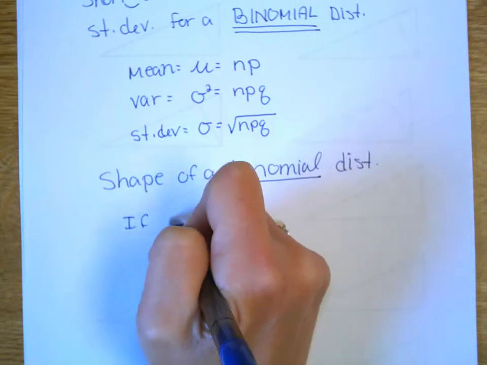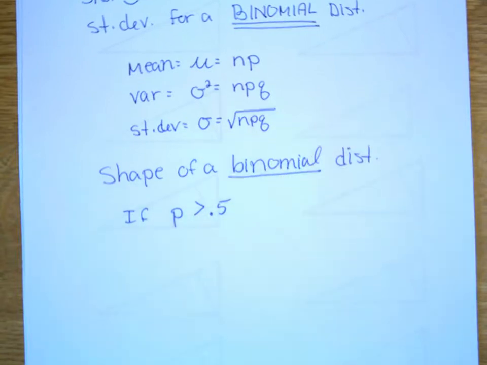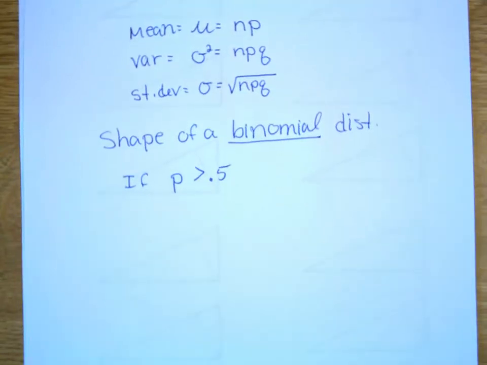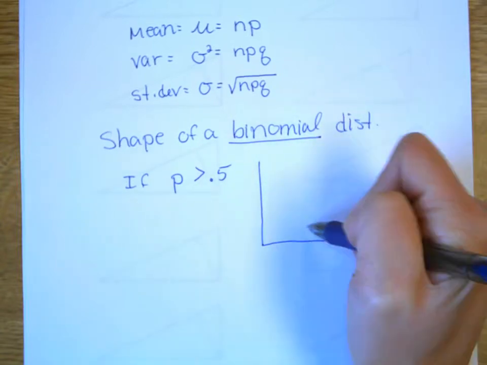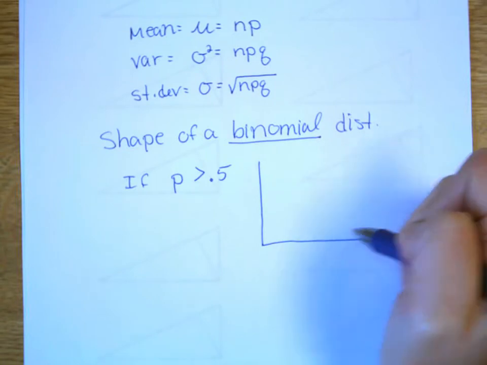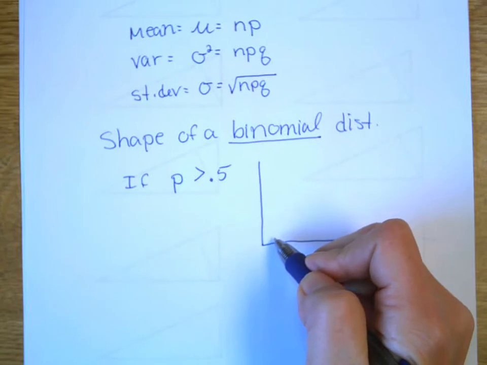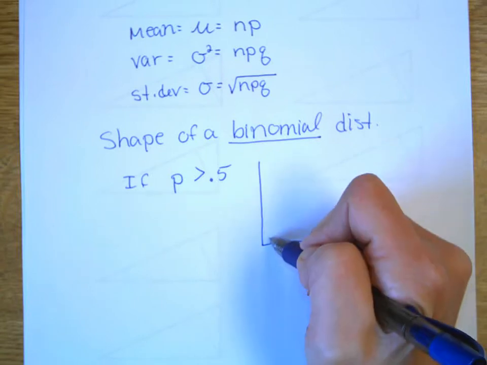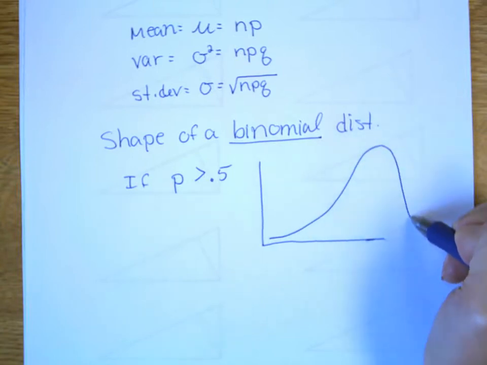If the probability of a success is greater than a half, it means there's a good chance of it happening, so we expect more successes. If we were to make a histogram, your taller bars would be at the higher number of successes. The probability of just a couple of successes is very small, so most of your successes would be out here on the high end.